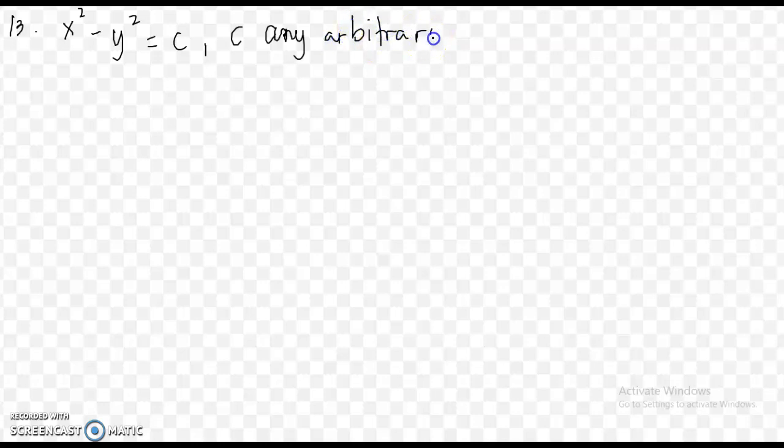Okay, next, number 13. We have x squared minus y squared equal to c, where c is any arbitrary constant.